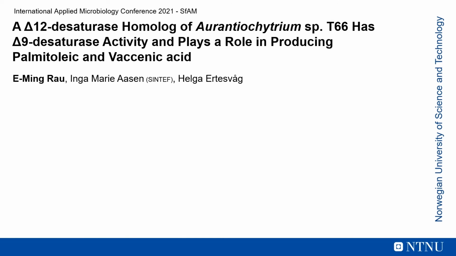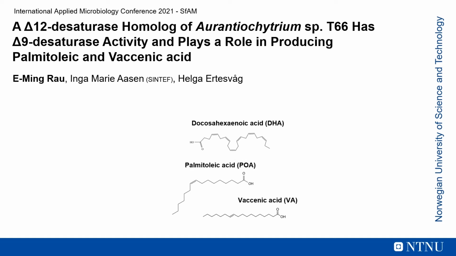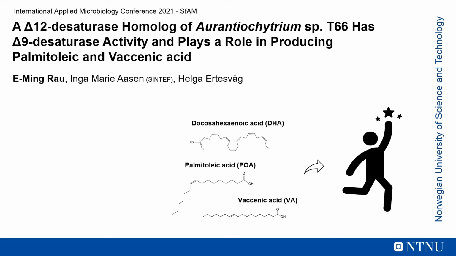Can we turn microbes into oil factories, and why does it matter? DHA, POA, and VA are unsaturated fatty acids that are beneficial to human health, including reducing the risk of cardiovascular disease, diabetes, and neurodegeneration.